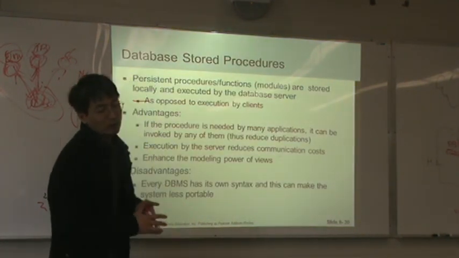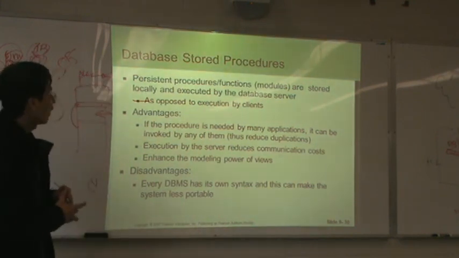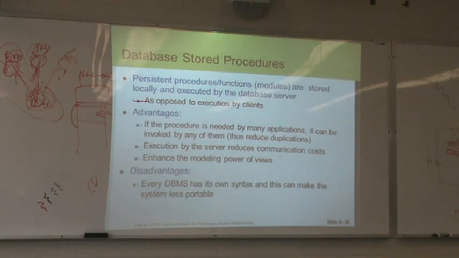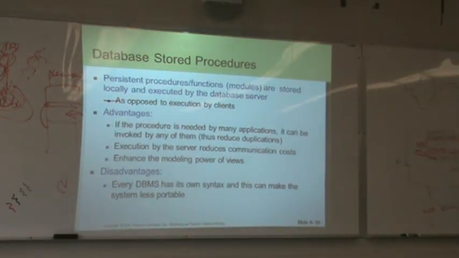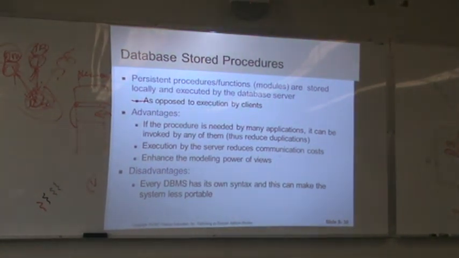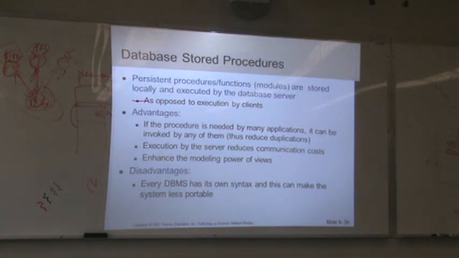The last one is the stored procedure. Oh, before we move to the stored procedure, this one. In the case of embedded, what is the difference between the embedded approach and the library approach? With a library, you don't have to compile it. It's already compiled, like a shared library or a Java library, classes.